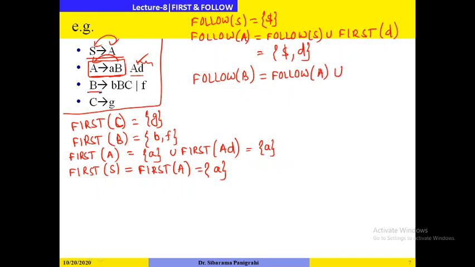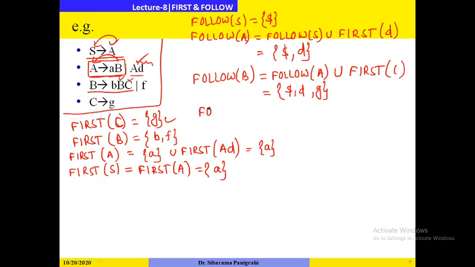Here you see there is another production, B gives BBC. Can you tell me what will be the follow of B? After B what is there? C is there. So what do you have to do? Follow B equal to first of C. So follow of A equal to dollar D. First of C equal to G. So here you will get G.